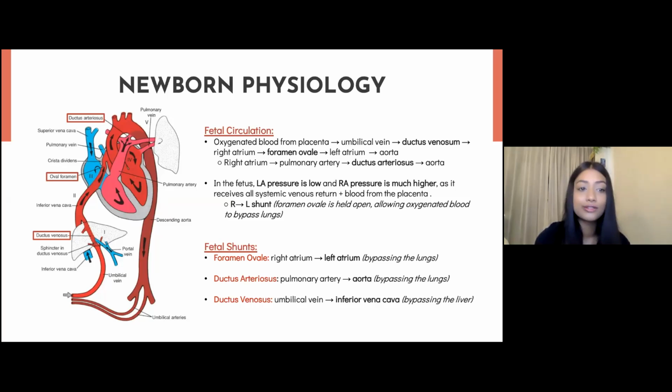To prevent all of this oxygenated blood from going into the pulmonary arteries or the lungs, where it's essentially just dead space at this point, the foramen ovale between the right and the left atrium shunts some of this blood from right to left into the left atrium, where it can then go into the systemic circulation via the aorta. Some blood, however, will inevitably travel through the pulmonary artery, and that's why we have the ductus arteriosus there, which aims to shunt this oxygenated blood straight into the aorta. So again, it can go into the systemic circulation.